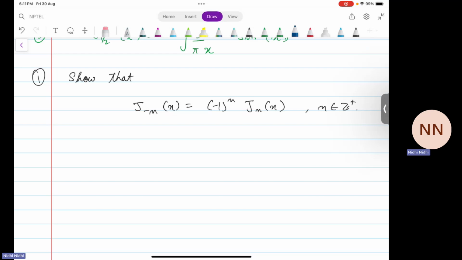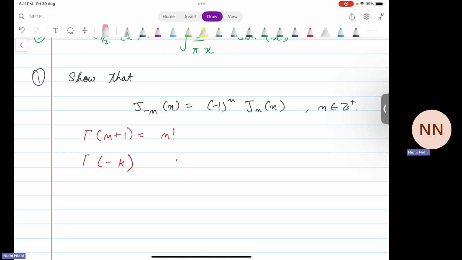The main properties that we will be using are, first of all, gamma n plus 1 is equal to n factorial. Yes, this is the main property that we will be using. Also, if you all can recall, gamma of minus k, for any natural number k, is not defined.